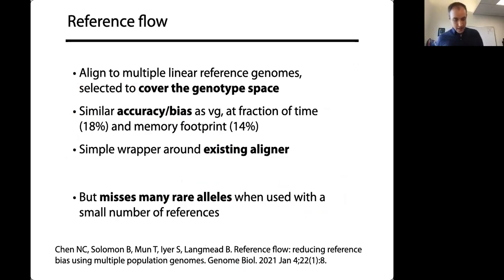We learned that aligning to multiple linear genomes, as long as they are selected in such a way as to cover the genotype space fairly well, in this case, we just used the different superpopulations, can achieve similar accuracy and bias as a graph aligner, but with a linear aligner that's very fast and memory efficient. So we can usually do it at a fraction of the speed and memory footprint.